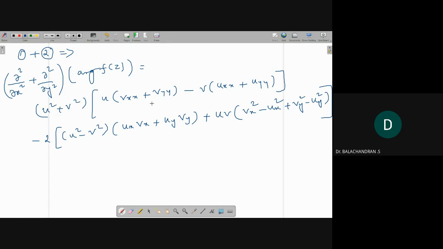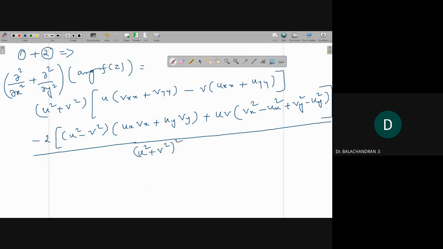Since u and v are harmonic, the denominator is u square plus v square whole square. So this is equal to, only I have this term, minus.